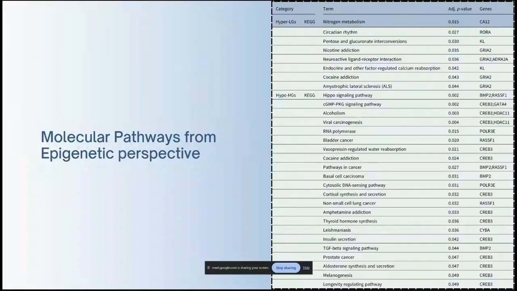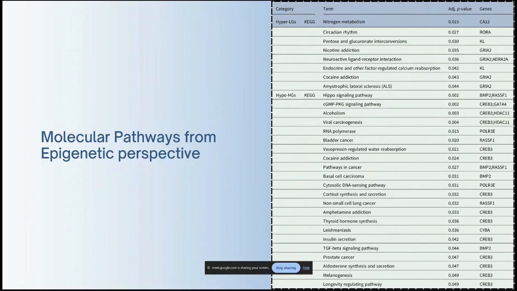Circadian rhythm is particularly relevant as sleep disturbances and disrupted biological clocks are common in Alzheimer's disease and they may contribute to disease progression.